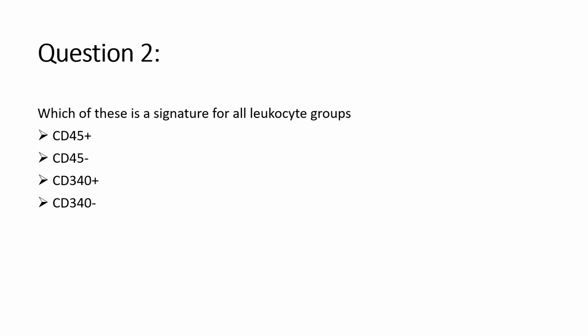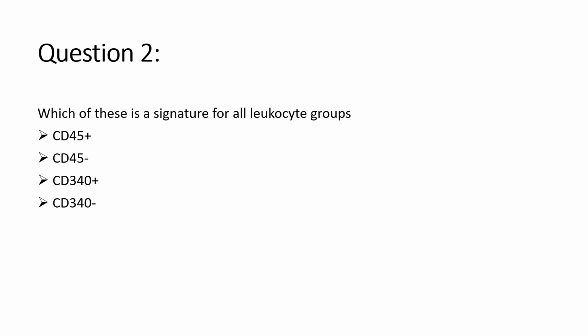So if we have a good knowledge of what kind of receptors are expressed on the surface of the cell membrane at any particular time, we could use specific antibodies directed against them to separate them out from a mixture of cells. So which of these markers is an example of a leukocyte marker?